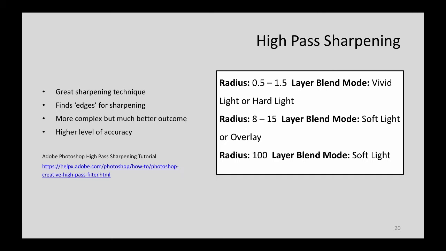It finds the edges for sharpening, and it's a little bit more complex than Unsharp mask, not as complex as Smart Sharpen, but it has a really good outcome and a high level of accuracy. I find high pass sharpening, to my eye, can sometimes over-sharpen, and so that's why I prefer my old recipe with Unsharp mask. But if used carefully, it does provide a great outcome.